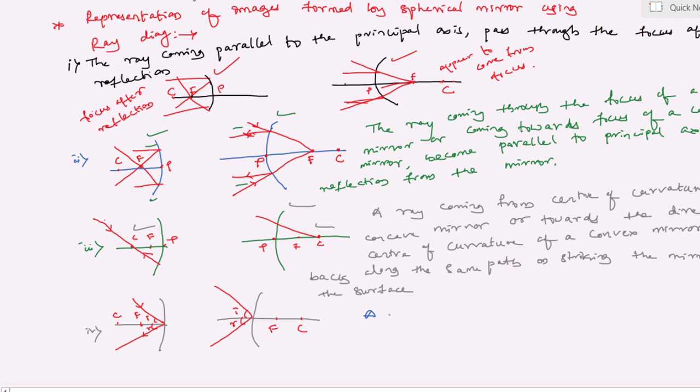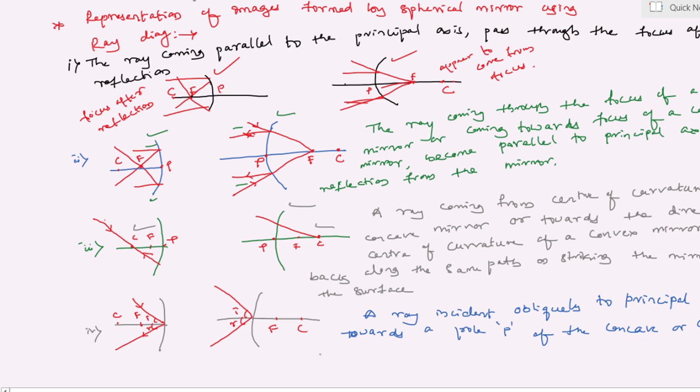A ray incident obliquely to the principal axis towards the pole P of the concave or convex mirror is reflected obliquely.